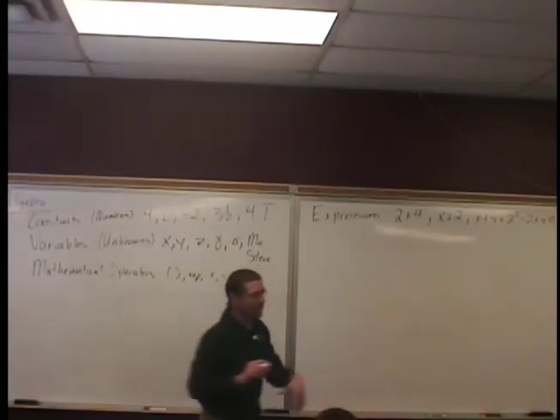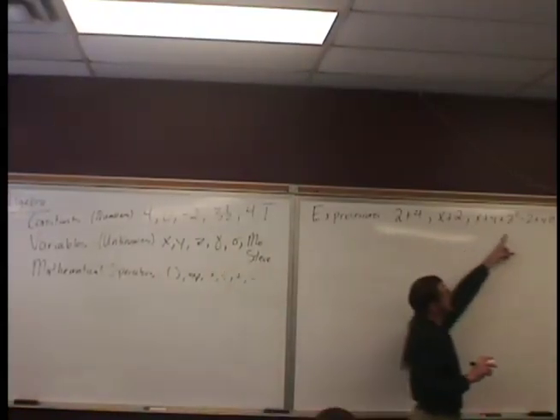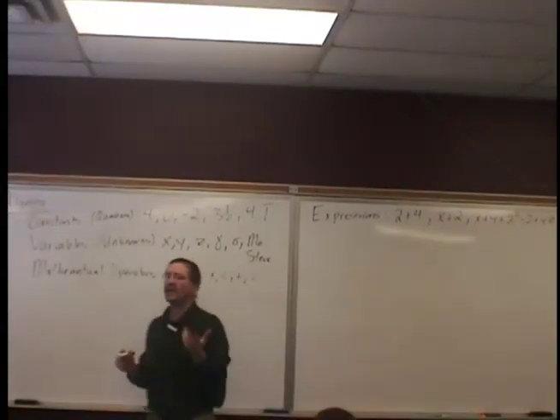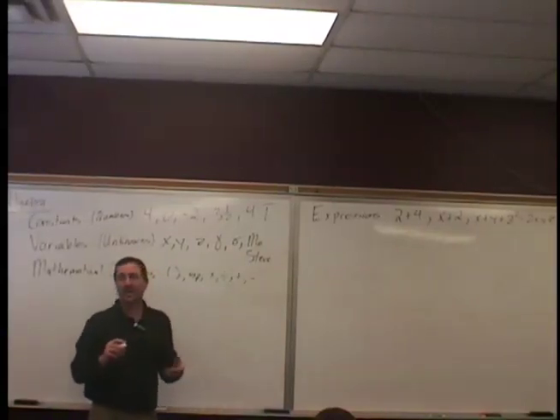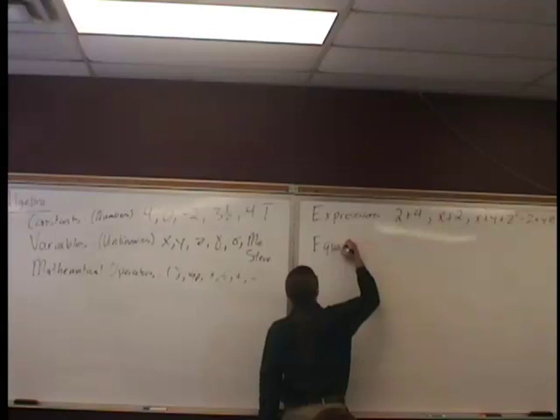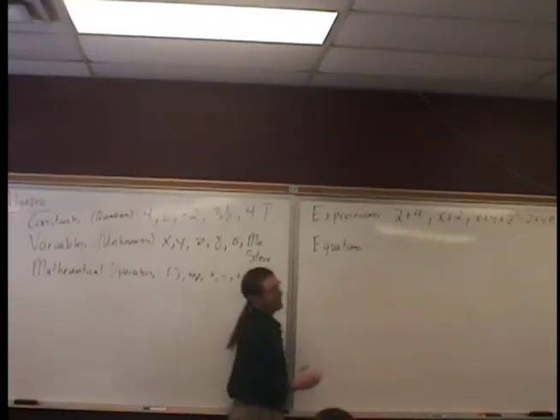Okay, so those are expressions. What do you note is missing inside of all of these expressions? An equal sign. When we add an equal sign, our expressions change. They become equations.